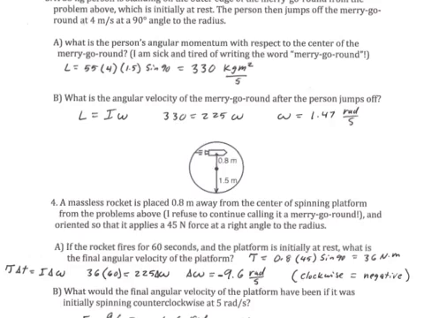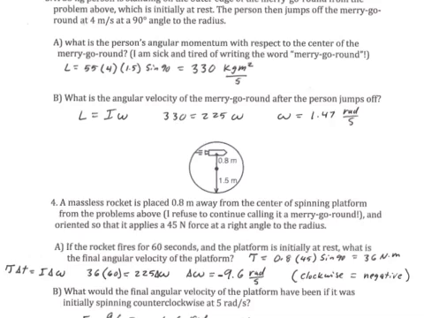So what we have then is this massless rocket is 0.8 meters away from the center, and it's applying 45 newtons of force this way, creating a torque. And so what we want to find out is, if the rocket fires for 60 seconds and the platform is initially at rest, what will the final angular velocity of the platform be?